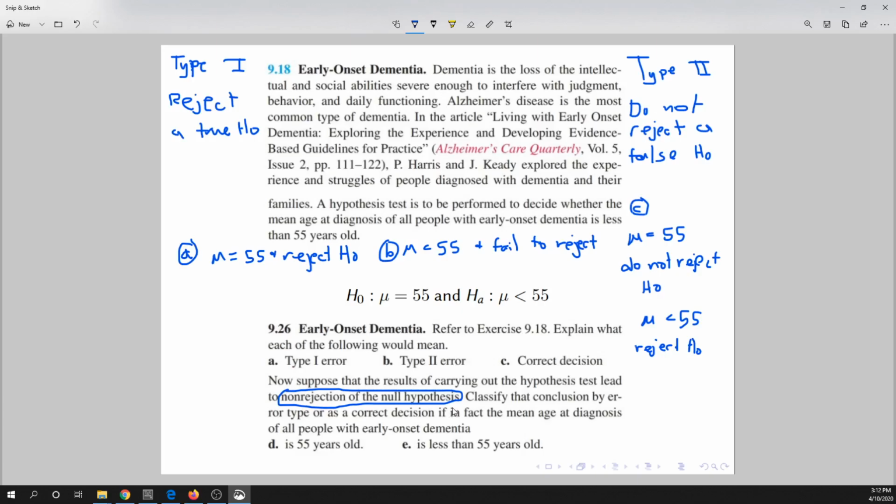Under that circumstance, classify that conclusion by error type or as a correct decision if in fact the mean age at diagnosis of all people with early onset dementia is 55 years old. So the truth is that mu is 55, and you run your hypothesis test and you do not reject.